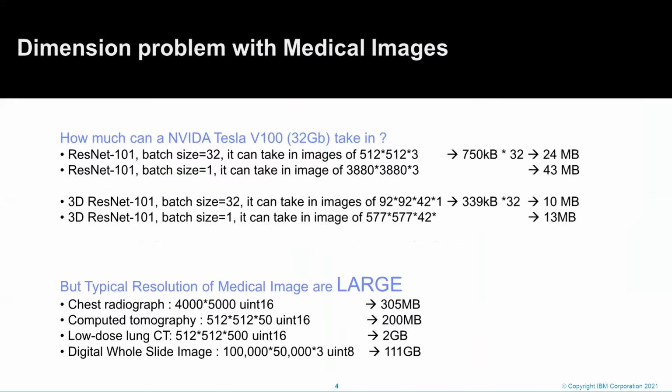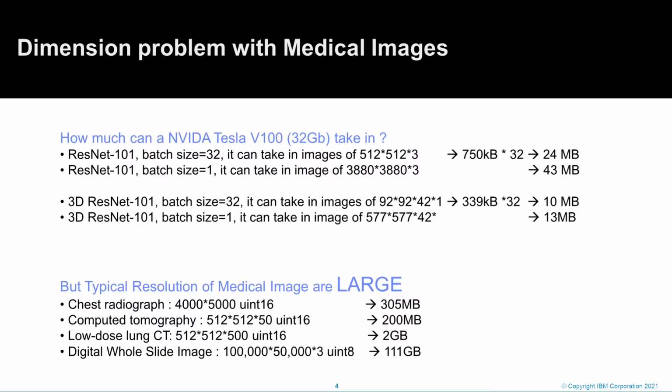So what is the size one V100 GPU can handle? If you take a ResNet 101 with batch size 32 based on images of 112 by 112 by 3 RGB channels, it's about 22 megabytes.